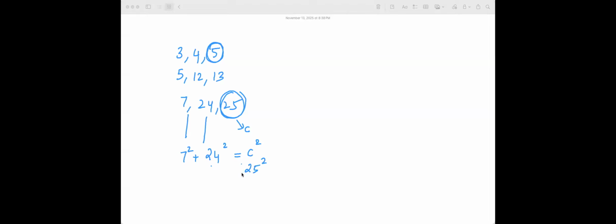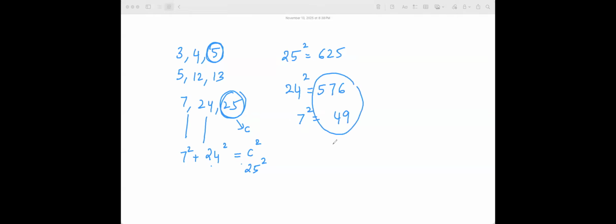Make sense? I don't get how 7, 24, and 25 are Pythagorean triplets. It's because 7 squared is 49 and 24 squared is, why don't we explain that? 25 squared is what? 625, right? 24 squared. Who can tell me 24 squared? 576. 7 squared is 49.